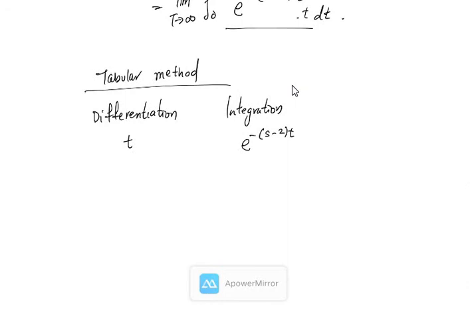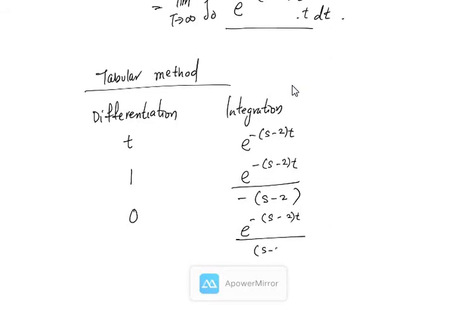So I differentiate t, I get 1, and differentiate 1, I get 0. And integrate e^(-(s-2)t), I get e^(-(s-2)t) divided by -(s-2). And I integrate again, I will get e^(-(s-2)t) divided by (s-2) squared.